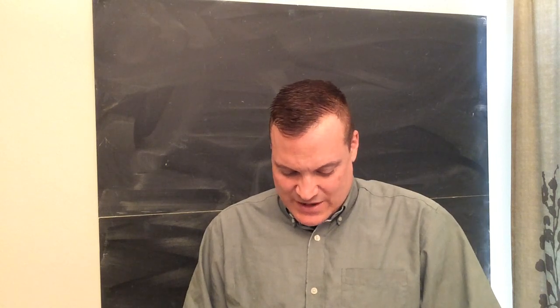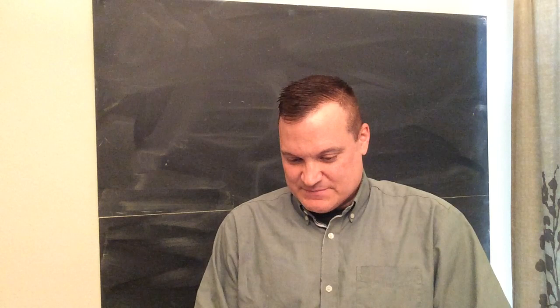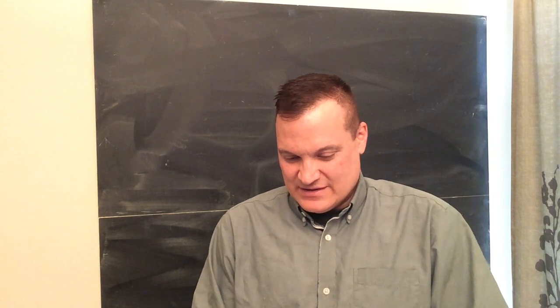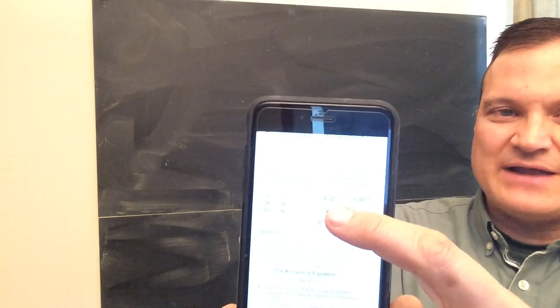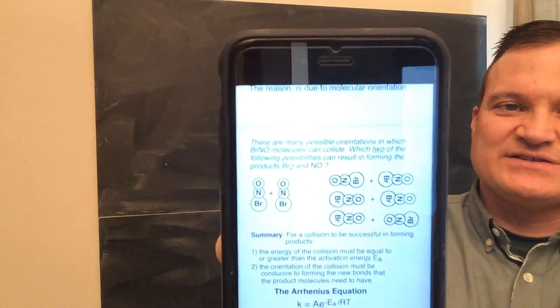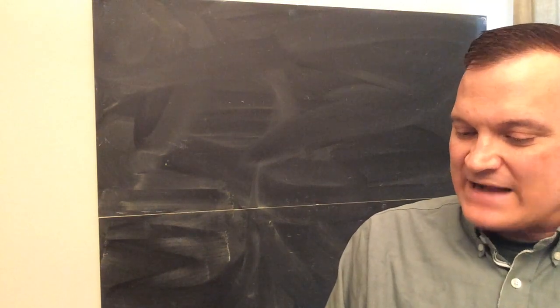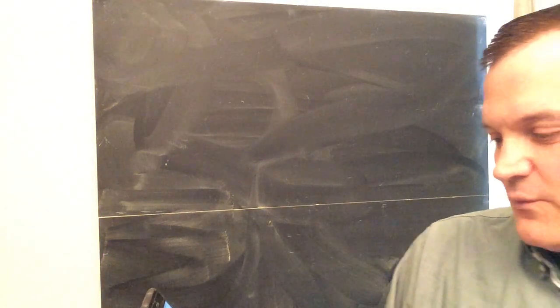First, there's an interesting question here. Which two of these would be a correct collision that could result in giving you the intermediate or the activated complex? If you want to read that question, it's kind of a review of what we talked about.